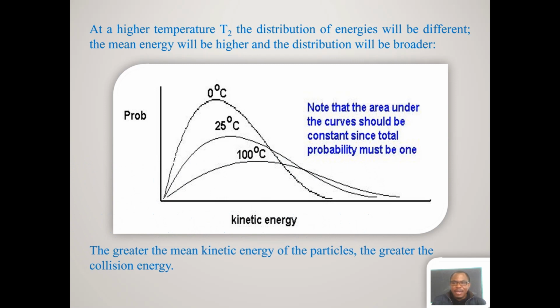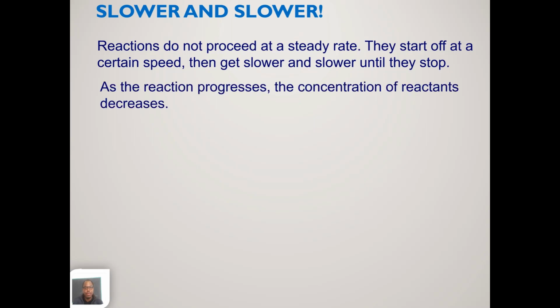The greater the mean kinetic energy of the particles, the greater the collision energy. First is activation energy. Before we go in there, reactions do not proceed at a steady rate. They start off at a certain speed, then get slower and slower until they stop.